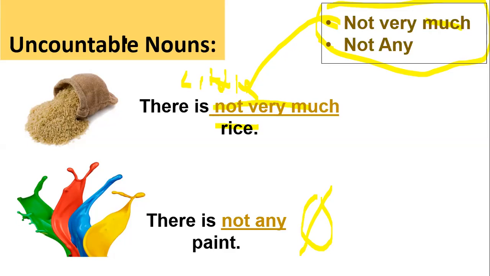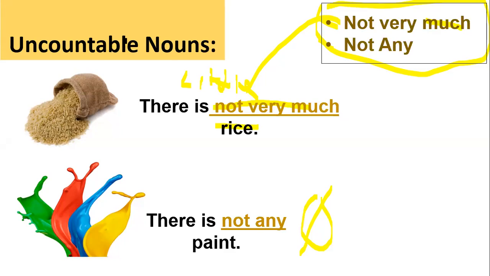Who wants to give me examples with not any? There is not any salt. Okay.